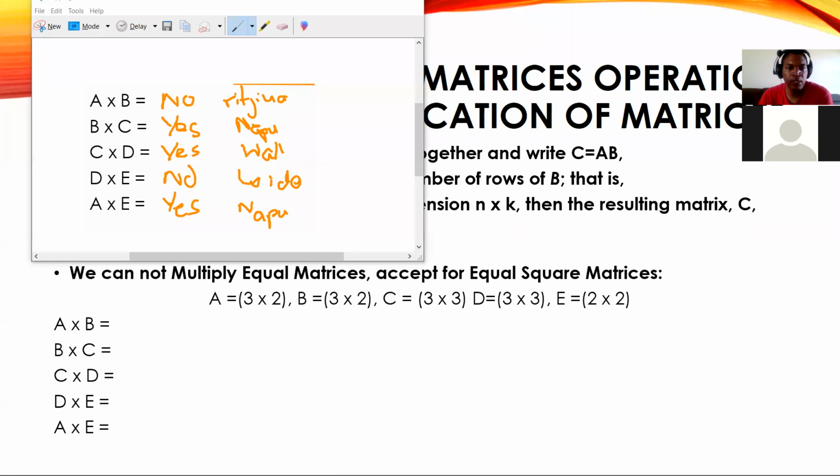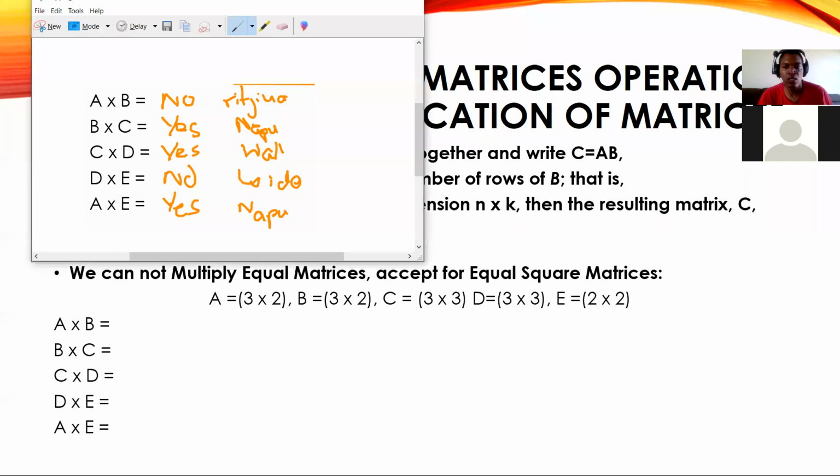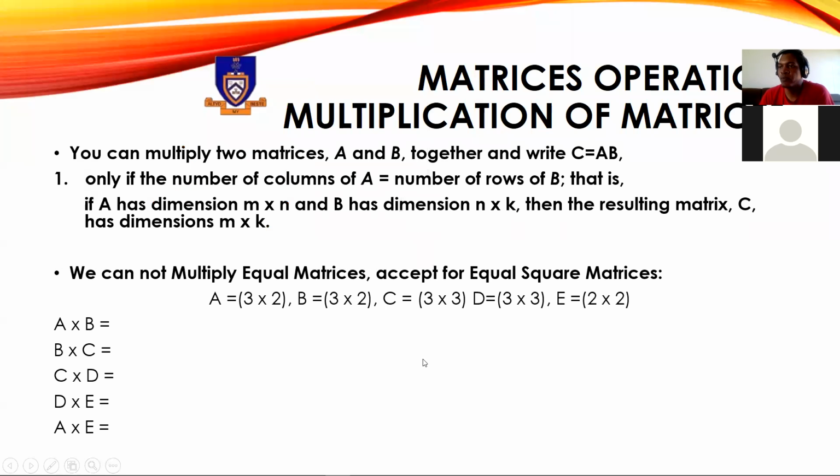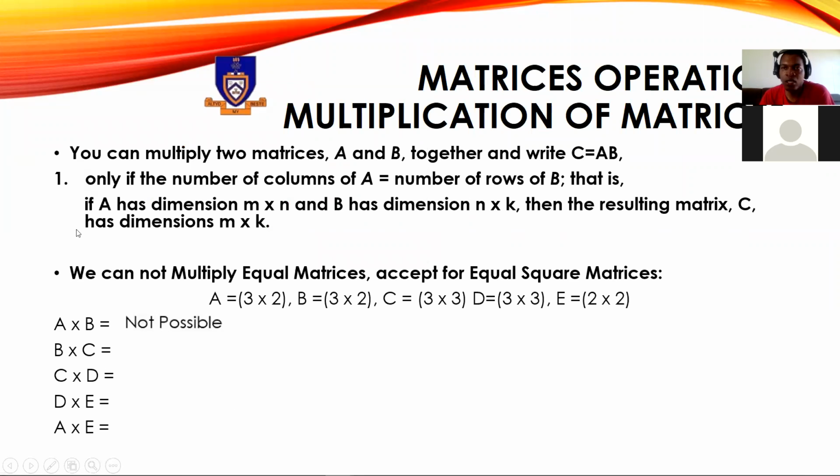So let's look at the solution for what we just did here. Over here, we will see that A and B is not possible, and I will also explain why.